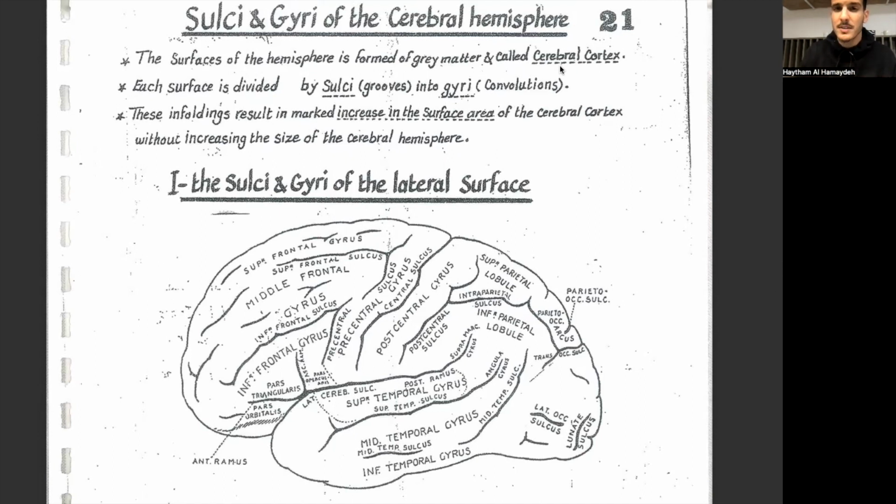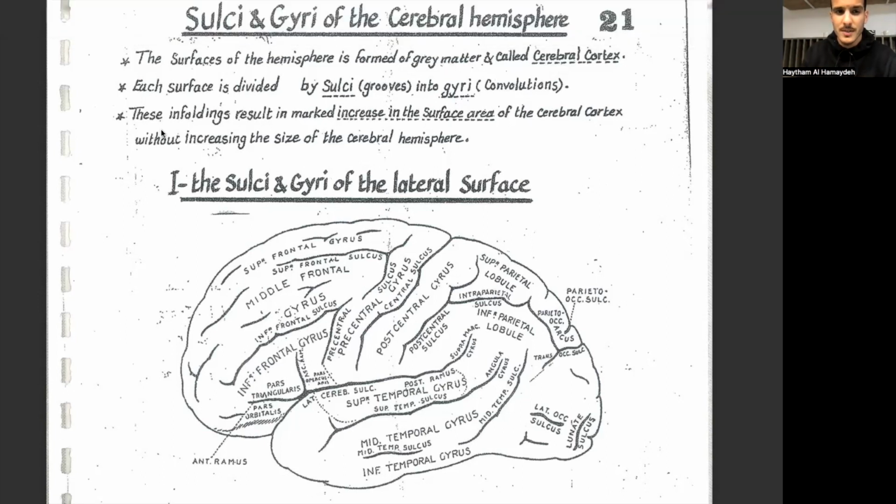So the cortex is basically gray matter, okay? And deeper to that will be the white matter, okay? Each surface is divided by sulci, which are the grooves found here, the lines, and the gyri, the convolutions, or the bulging areas of the brain.